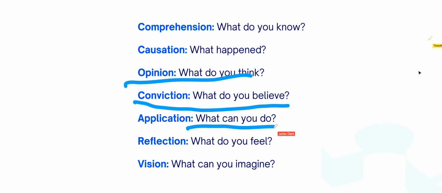When's the last time you asked one of your people, what can you imagine? When's the last time? It's not a common question. You're asking them to leave the plane of reality and think about what could be, what's possible. Imagine the types of conversations that you could have by just using this one question.